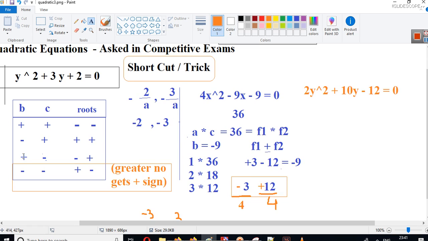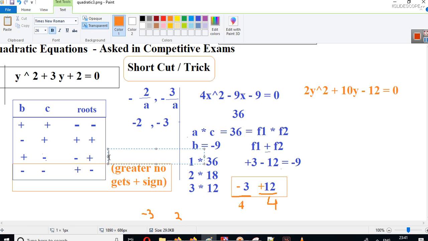In case of plus and minus, we get one negative root and one positive root, right? In case of minus and minus also, we get one positive and one negative, but here the bigger digit is positive, and in this case the bigger digit or the greater number gets negative sign.